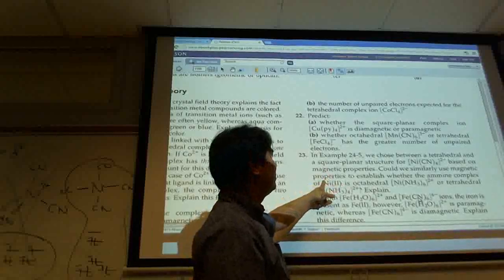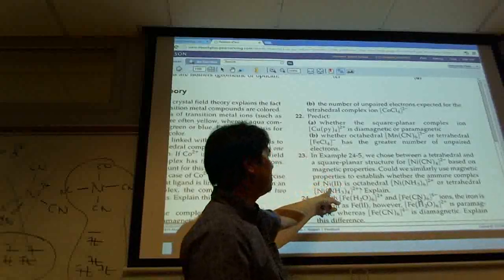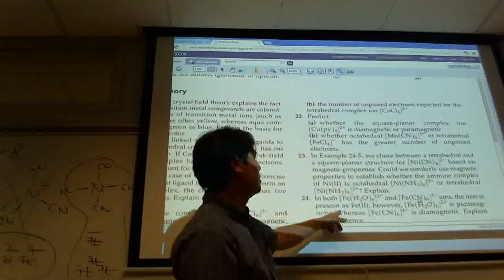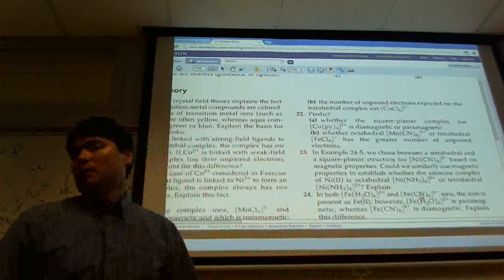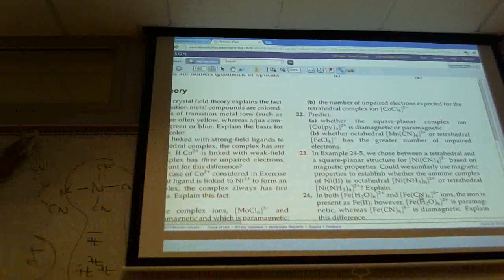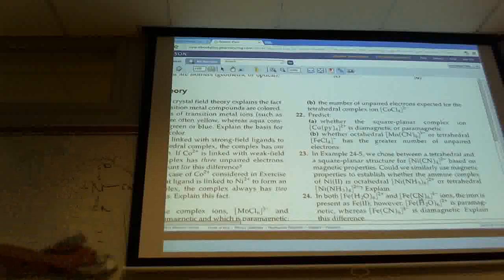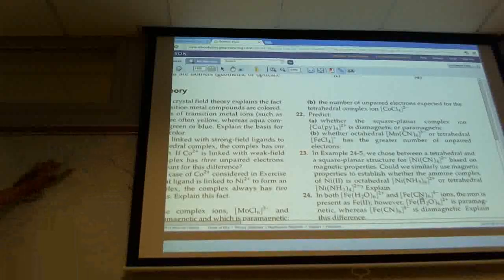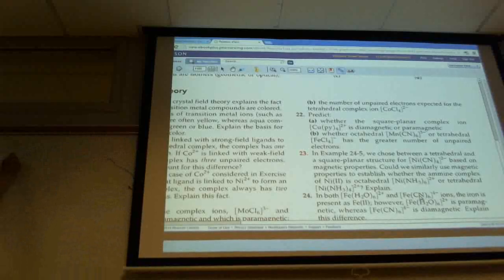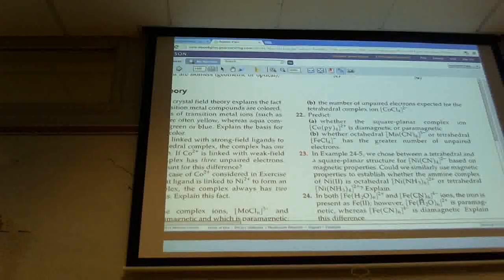Could we similarly use magnetic properties to establish whether the amine complex of nickel 2 is octahedral or tetrahedral? Let's see the amine complex, octahedral versus tetrahedral, to see if we could use magnetic properties. Nickel 2 plus, octahedral, 1, 2, 3, amine, low spin, 1, 2, 3, 4, 5, 6, 7, 8.